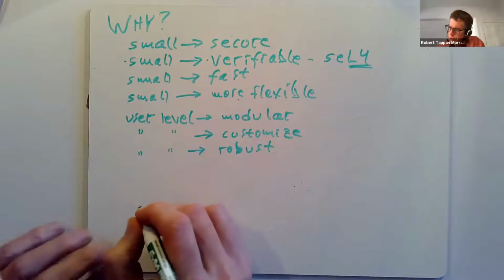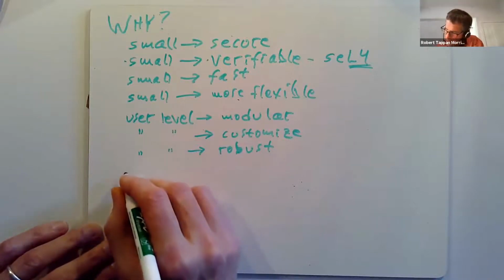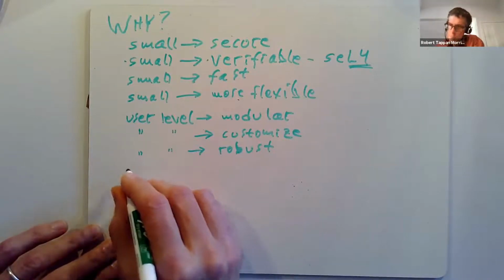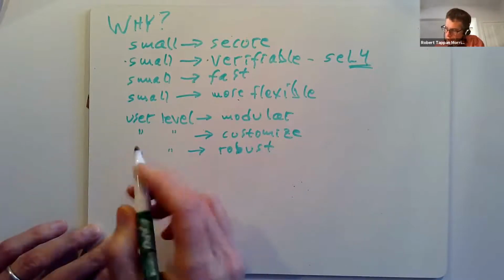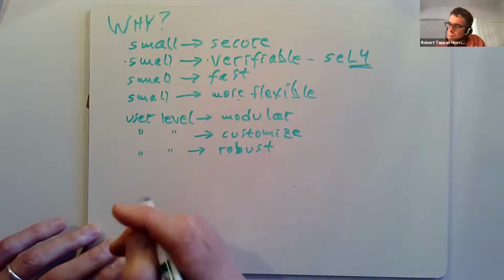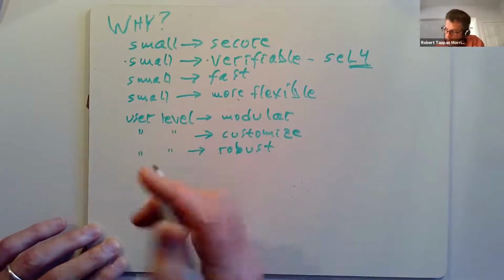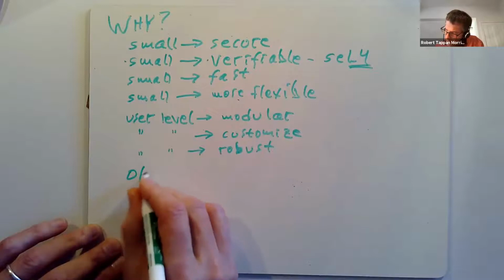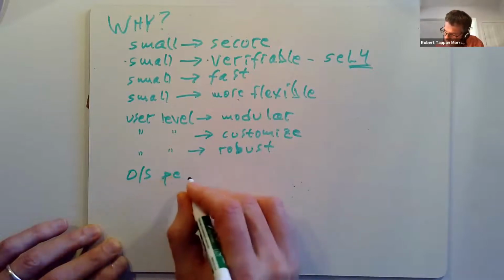And a final advantage that people were thinking about back then is that you could emulate or run multiple operating system personalities on top of a microkernel. Even though the microkernel does hardly anything for you directly, you might be able to run a Unix server or something on top of it, maybe more than one on the same machine.